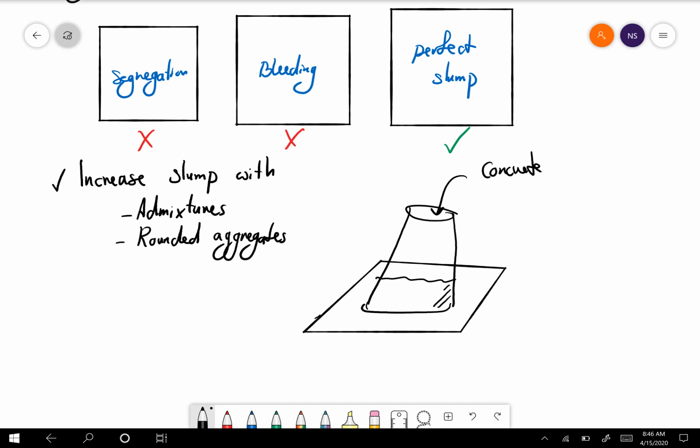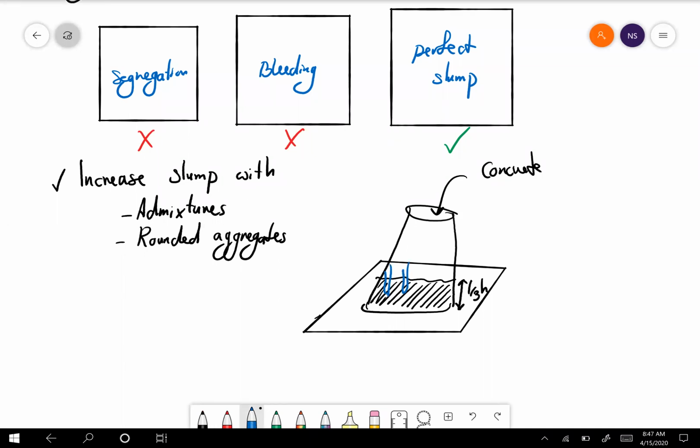This is the first 1/3 of the height of the cone, and you place a rod.